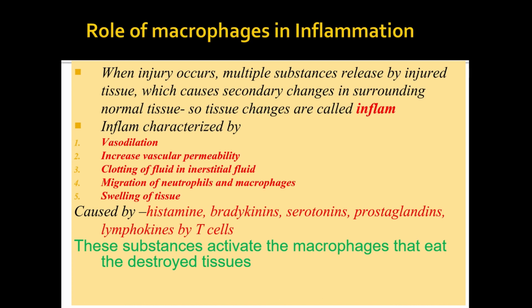Role of macrophages in inflammation. When injury occurs, multiple substances are released by injured tissue, which cause secondary changes in the surrounding normal tissue. These tissue changes are called inflammation, and it has some characteristics: vasodilation, increased vascular permeability for macrophages, monocytes and neutrophils, clotting of the fluid in the interstitial space, migration of neutrophils and macrophages towards the target area, and swelling of the tissues.